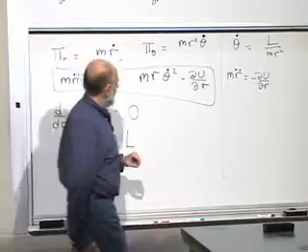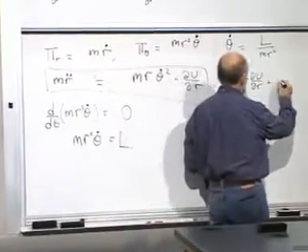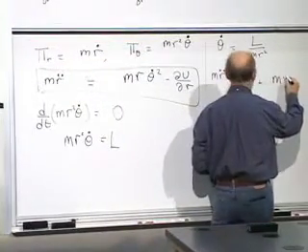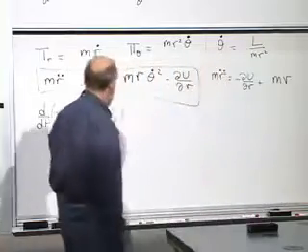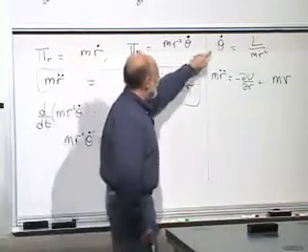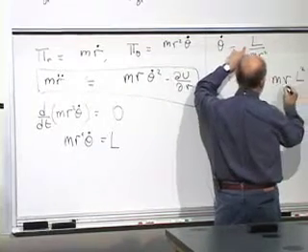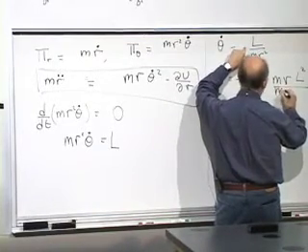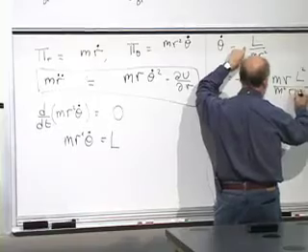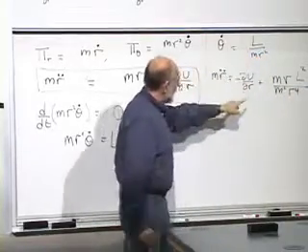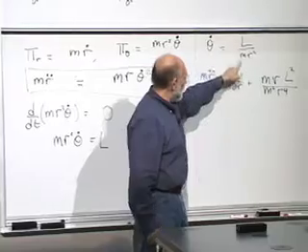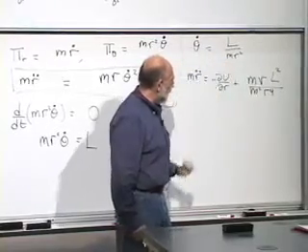And then, let's work it out, plus m r times theta dot squared. Where's theta dot? Here it is, right here. L squared divided by m squared r to the fourth. I've squared theta dot. That gives me L squared divided by m squared r to the fourth.